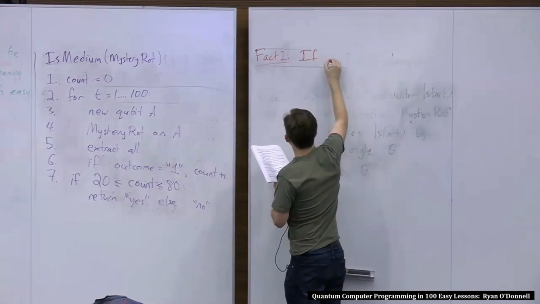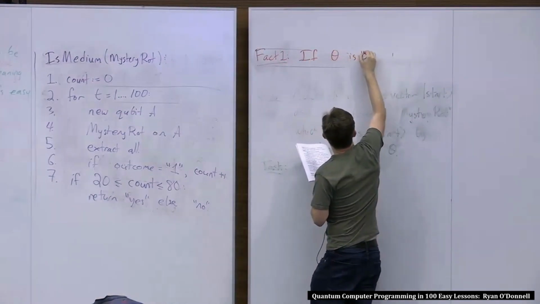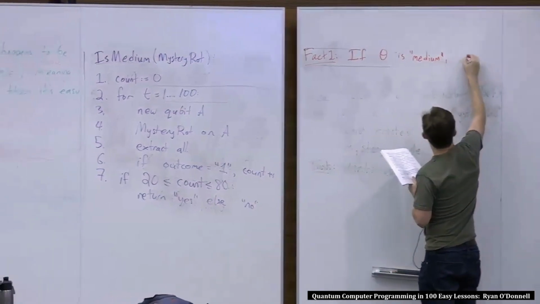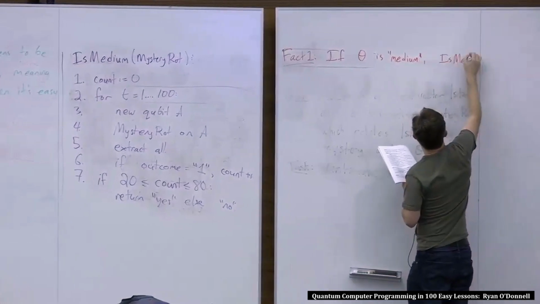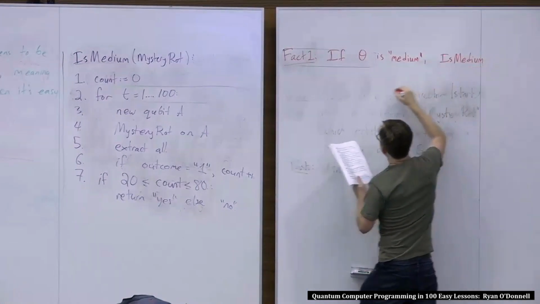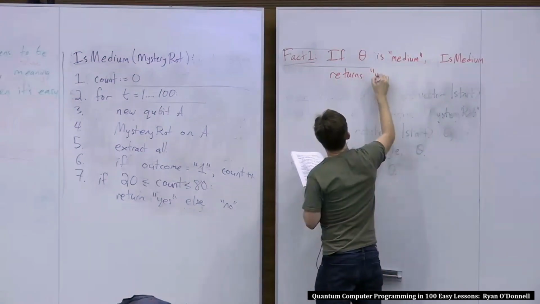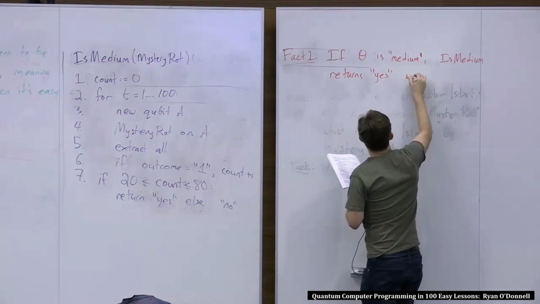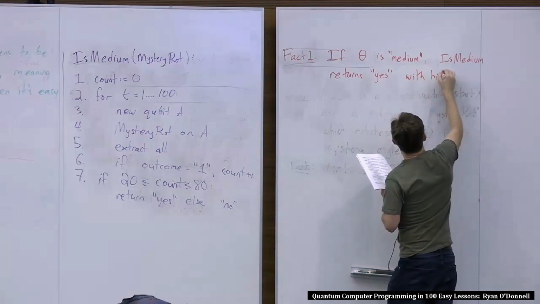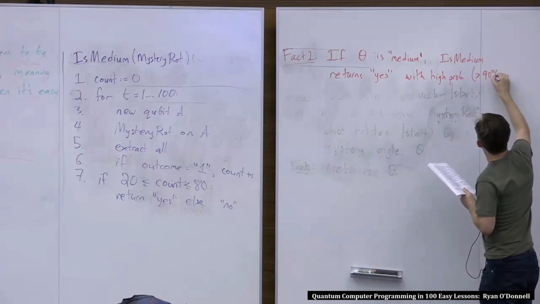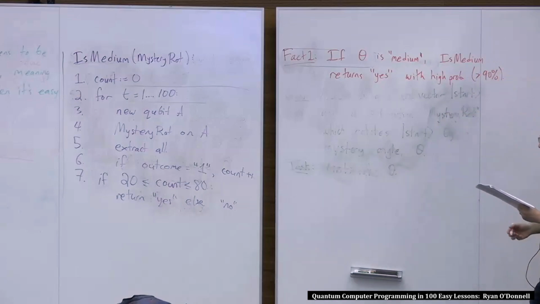If theta really is medium, then I claim the is-medium algorithm returns yes with high probability. And here we want to be careful: I'll say probability at least 90%.